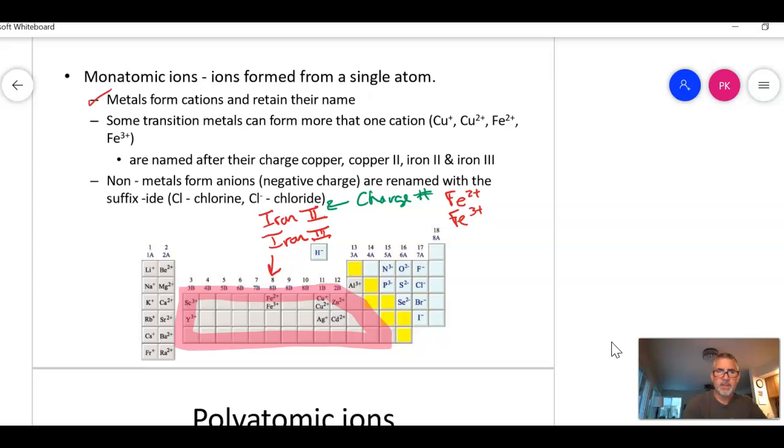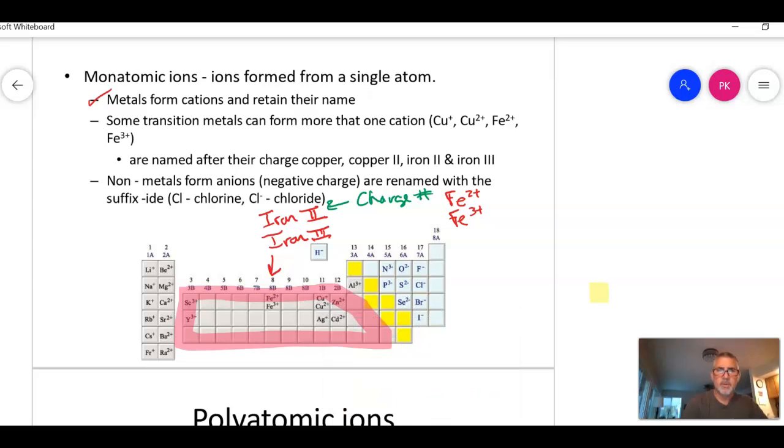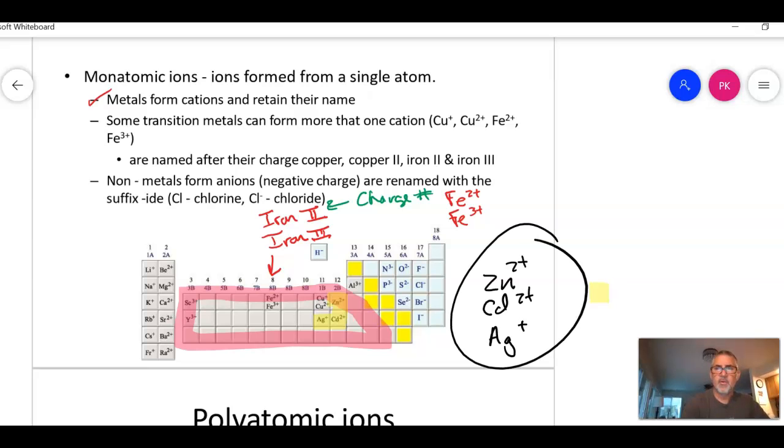There are 3 exceptions to that rule: zinc, cadmium, and silver. So make sure you write this down somewhere. Zinc, cadmium, and silver only form a single charge.